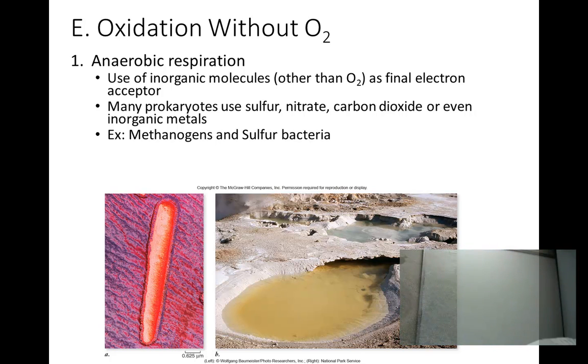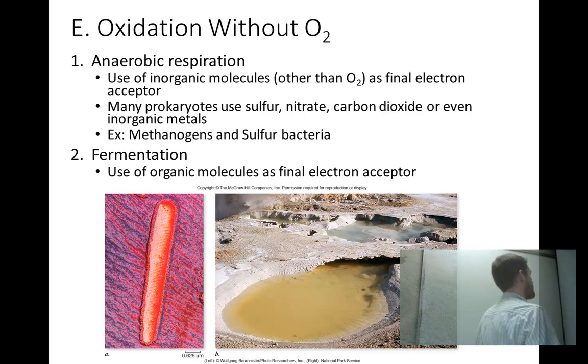Examples are some methanogens and sulfur bacteria. Have you ever gone to a hot springs that stinks like sulfur? You can sometimes find bacteria there that are using sulfur compounds rather than oxygen to go through respiration.